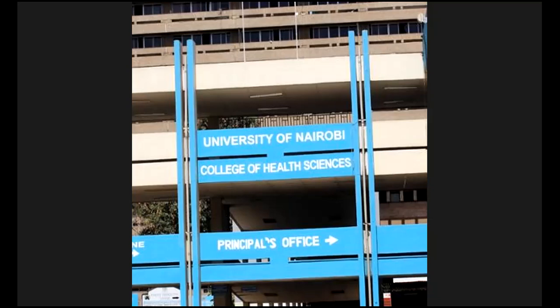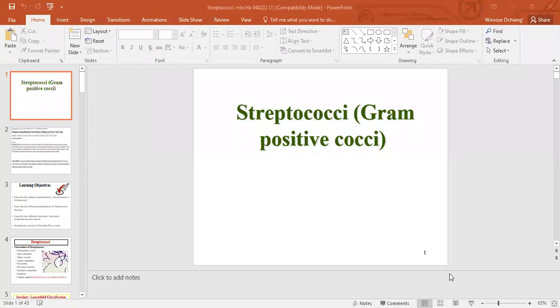We are going to start on the genus streptococci. I know we told you from the word go, and this has been told by your lecturers, that we'll be doing genuses. This is systematic bacteriology, before at the end we start clinical microbiology, the diagnostic aspect of microbiology.